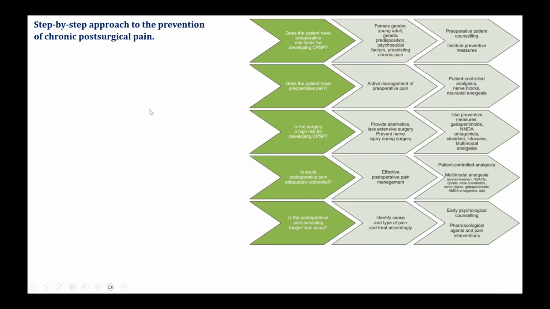And the step-by-step approach for the prevention of chronic post-surgical pain is: first, assess whether they are female gender, young adult or old people. What is their psychosocial factor? All this has to be assessed preoperatively. Does the patient have preoperative pain? Does the patient have any pain that has to be treated before the surgery?